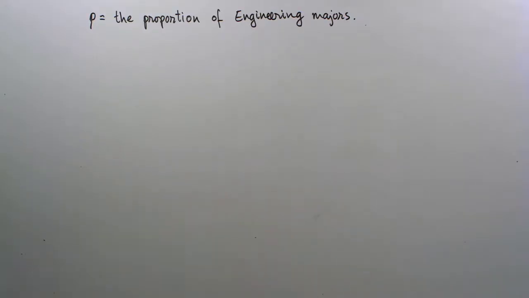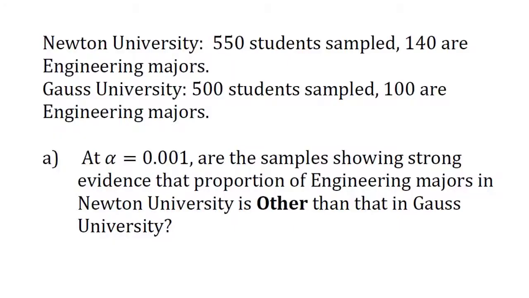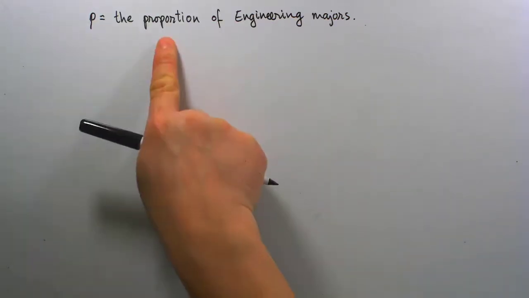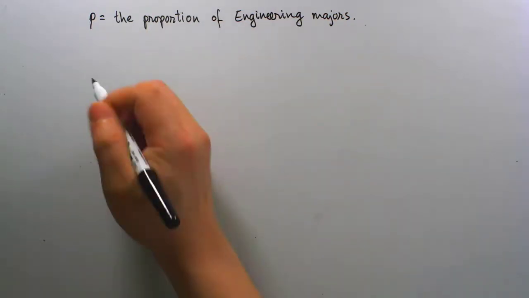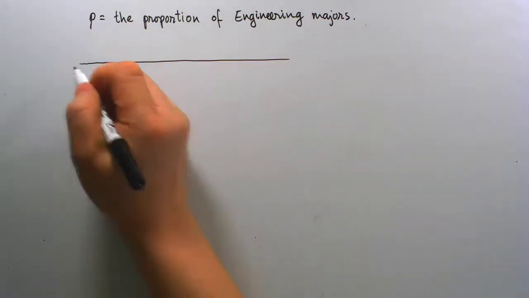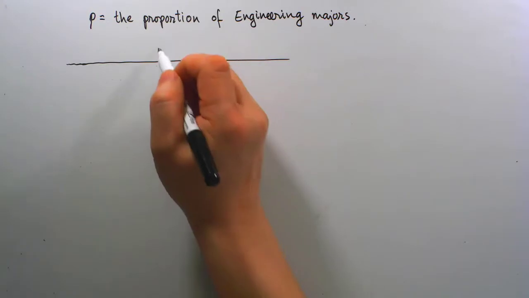And so in our particular problem, let's have a look again at the wording in the problem. The description in our problem here describes the two samples from the two different schools. One sample is from Newton University, and the other sample here is from Gauss University. So now that tells us that as we study this population proportion of engineering majors, we specifically would like to turn our attention to the two separate populations.